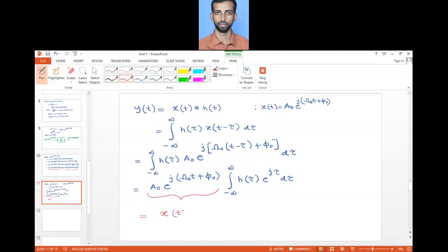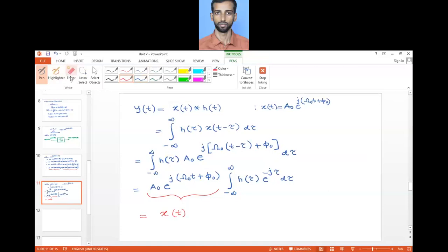This x of t gets multiplied with the integral from minus to plus infinity of h tau e to the power minus j, tau d tau.